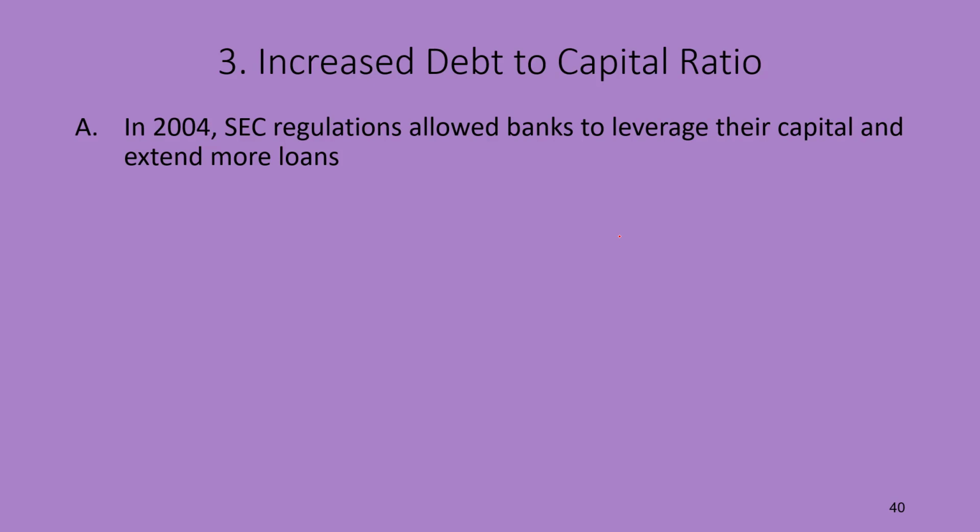Remember that the Federal Reserve is in charge of setting the reserve requirement for banks and lending institutions, saying here's how much you have to keep on hand versus how much you're allowed to loan out. And if they want the banks to extend more loans, or use this expansionary monetary policy, then one thing they're going to do is lower those reserve requirements, allow them to keep less money on hand and extend more loans as they see fit.